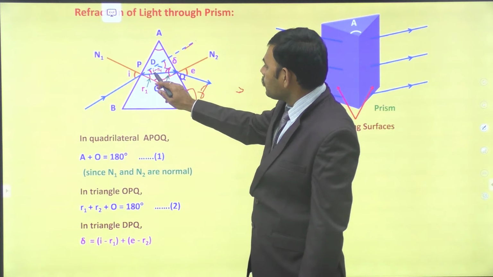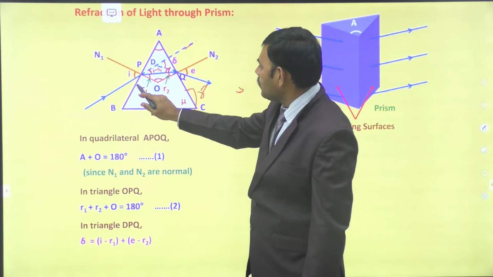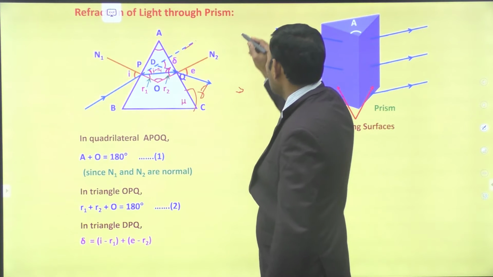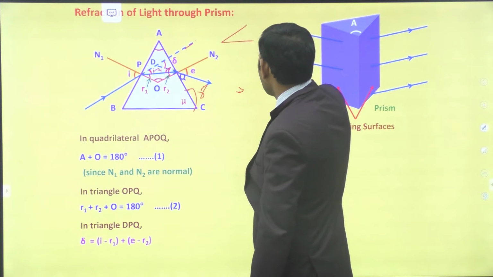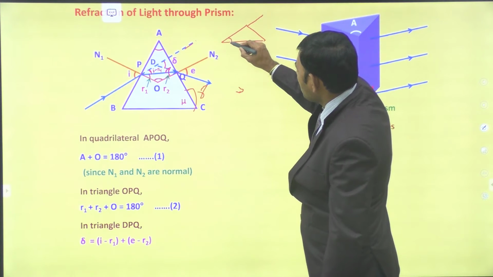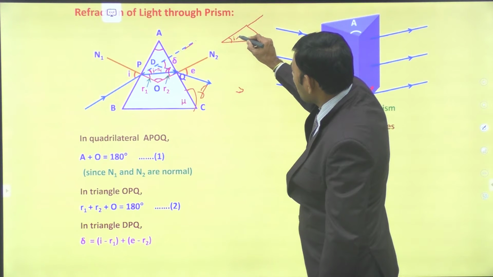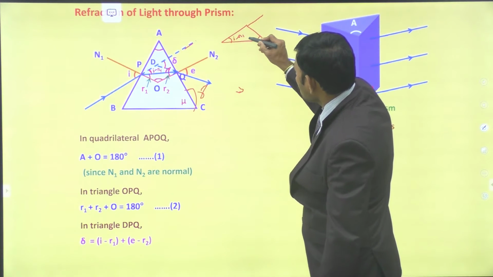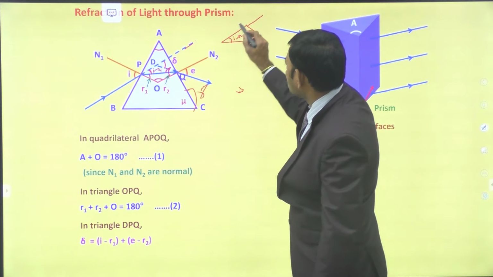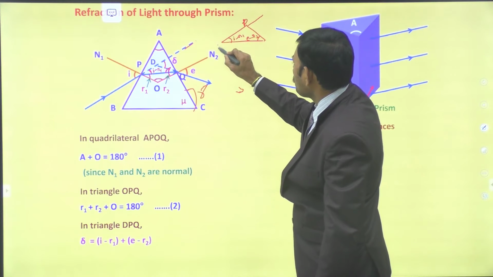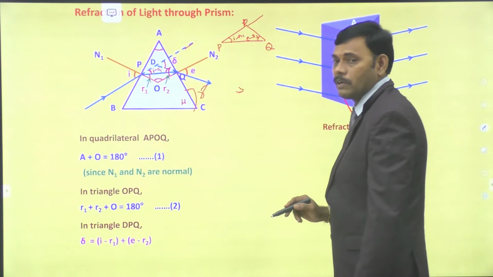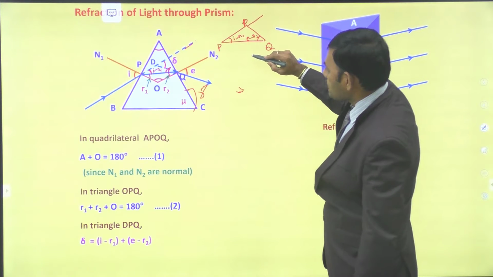Therefore the two internal angles in the triangle DPQ, here I am representing DPQ, we find this is I minus R1 and this is E minus R2. I have shown DPQ, this is D and this is P and this is Q. We found that at P angle is I minus R1, at Q angle is E minus R2.